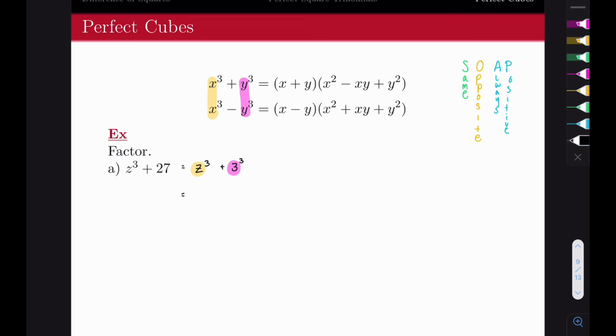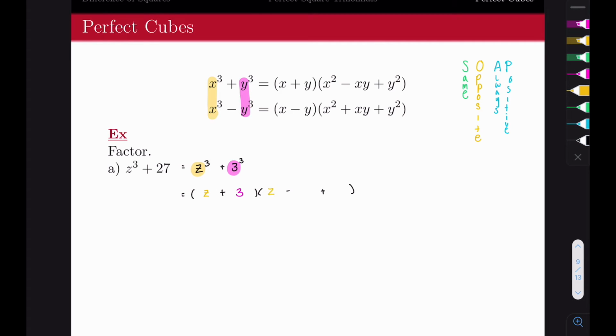So what I'm going to do is I'm going to start by setting up my signs. And I'm going to use SOAP, so the same sign, the opposite sign, and then always positive. In my first piece, I just put z, because that's the thing being cubed. In my second piece, I put 3, because I'm doing 3 cubed.